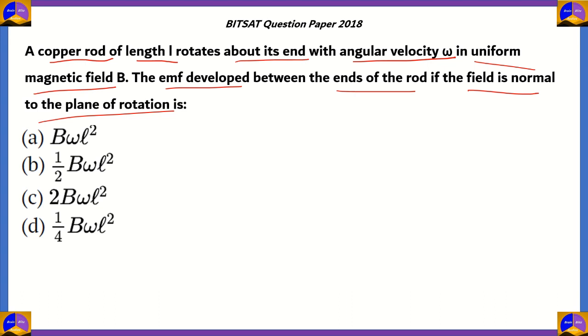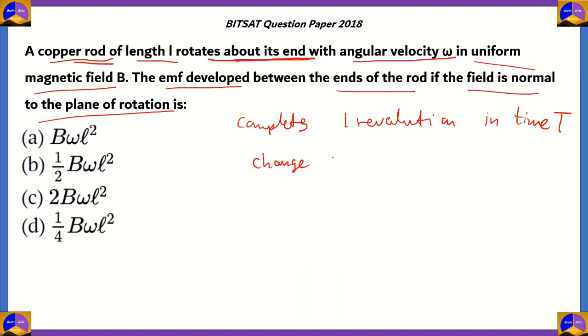Over here, the copper rod rotates about one of its ends, and it completes one revolution in a time that we can consider as capital T. When it's rotating, it experiences a change in magnetic flux.